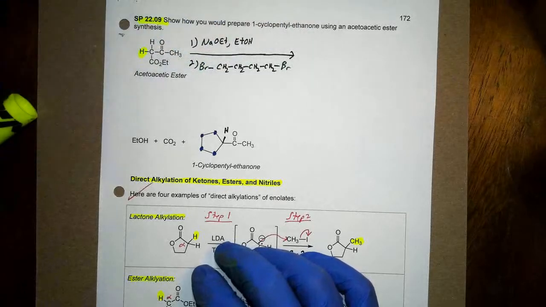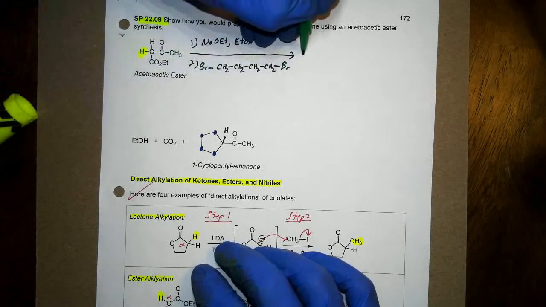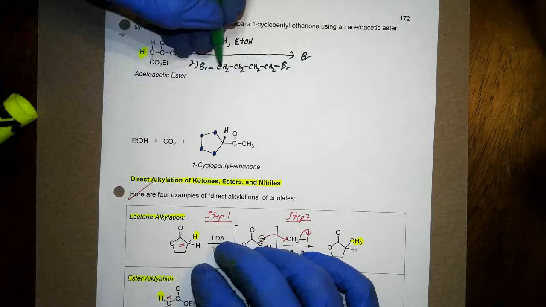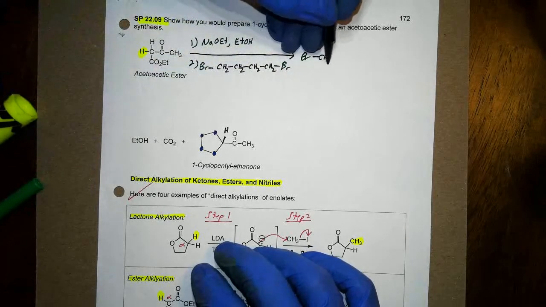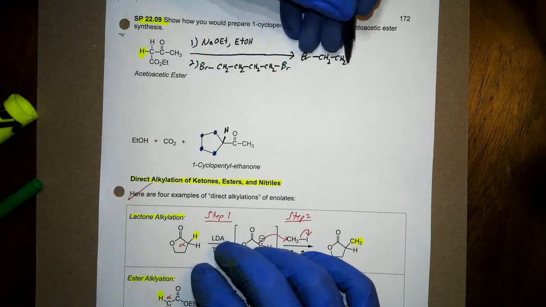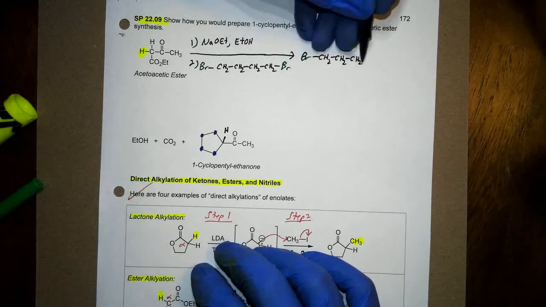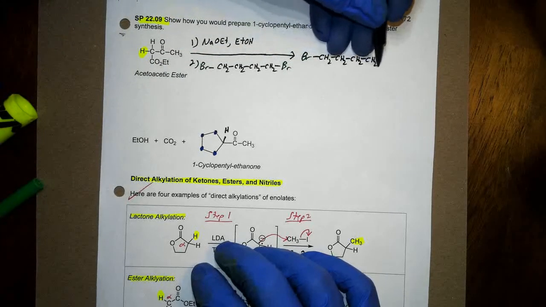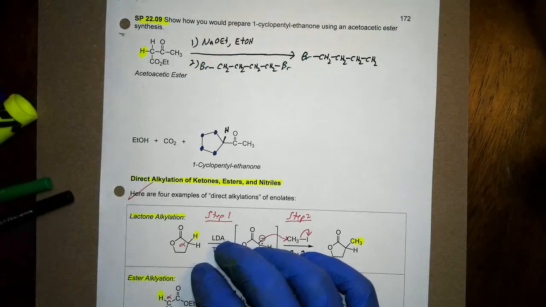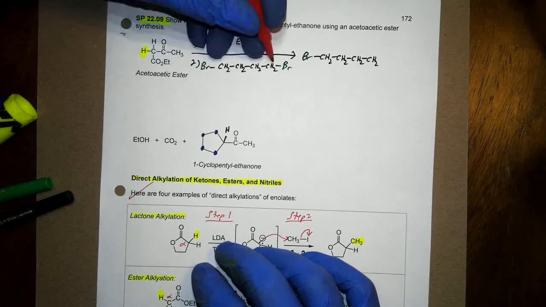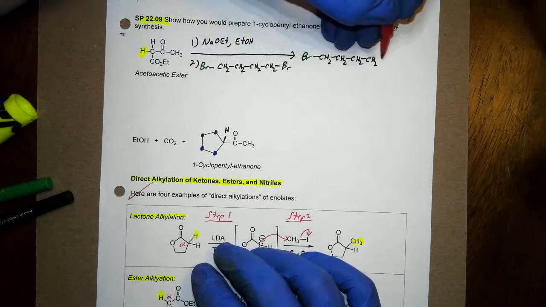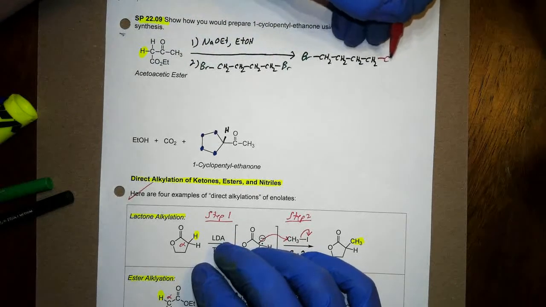Let's go ahead and sketch that out. I'm going to start with a bromine on this end, and then I'm going to work progressively towards that end. We're almost done, guys. So you've displaced this bromide, that bromide, and the rest of this molecule is the same.